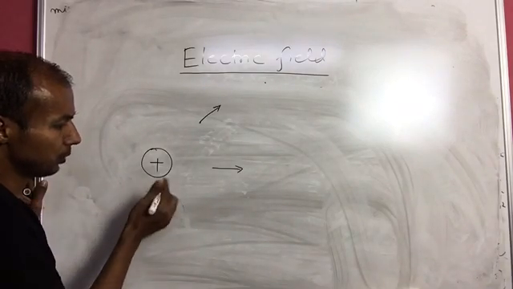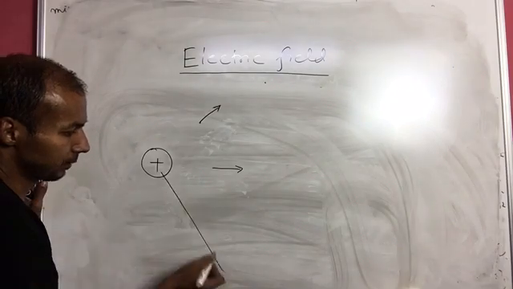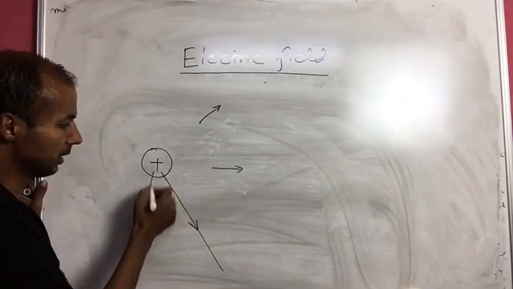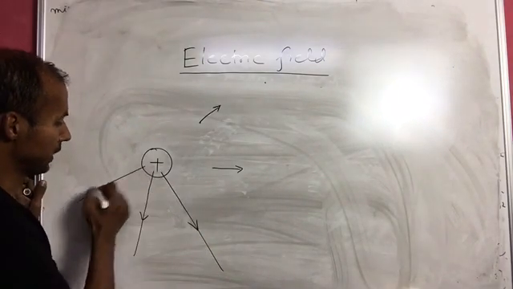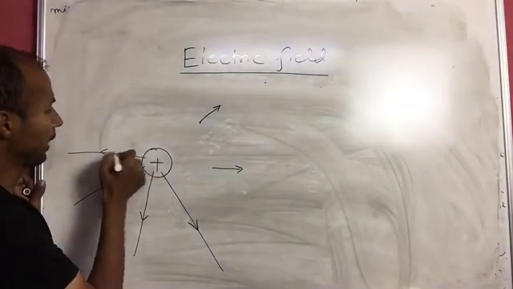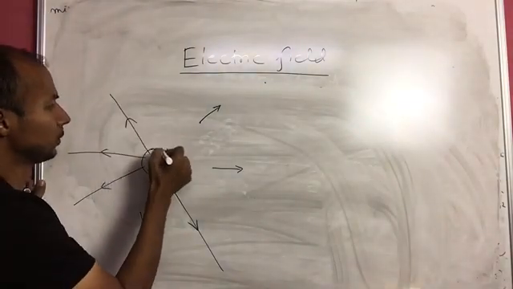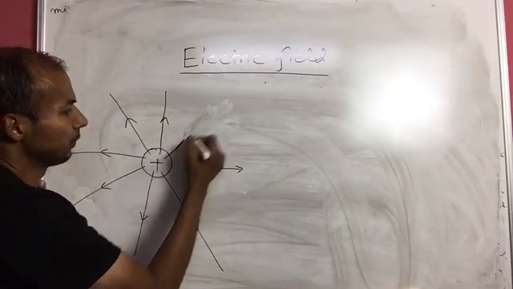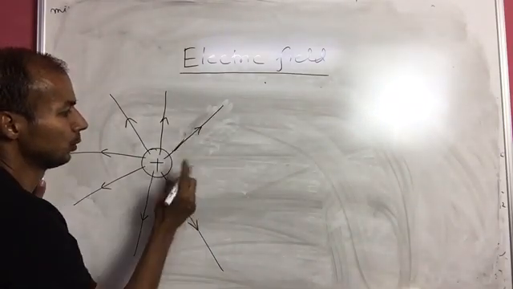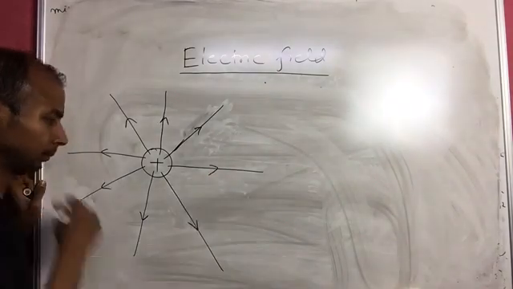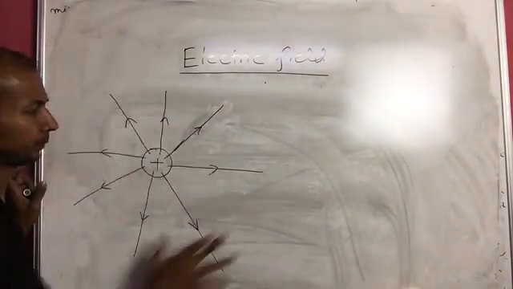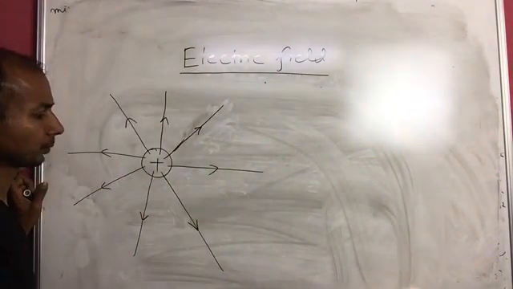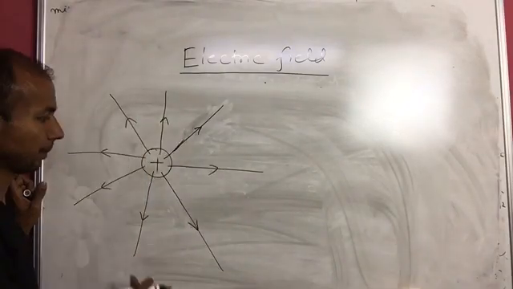So if you join all the lines, we say this is the electric field line. So electric field line at any point shows you the direction of electric field. This is how we show electric field. We call this the force field, this is an electric field. Okay.